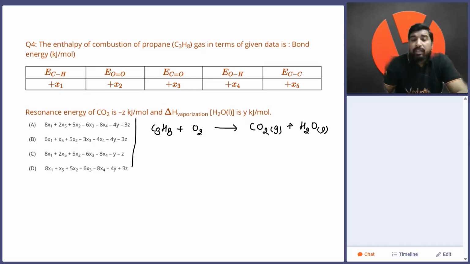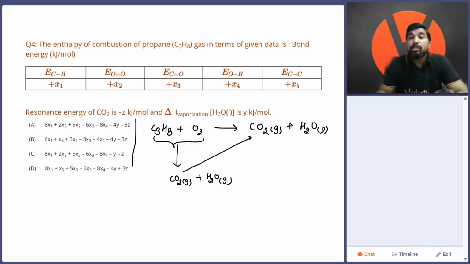When we burn this, first it will convert into CO2 gas plus H2O gas. Then this will convert into the CO2, resonance stabilized CO2, and this will convert into H2O liquid.